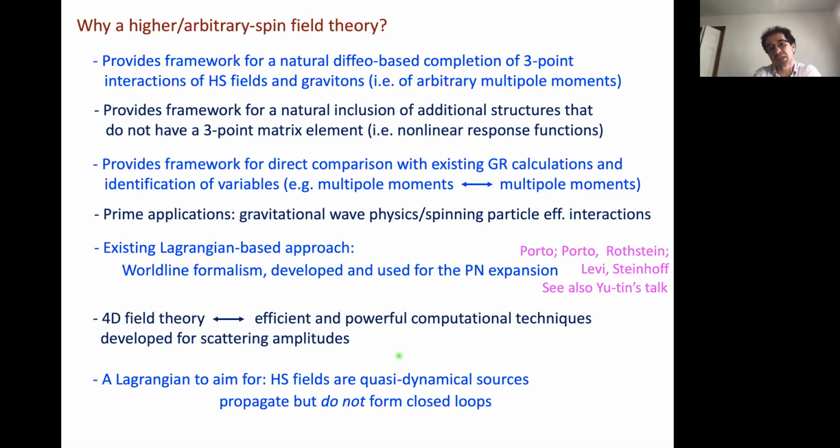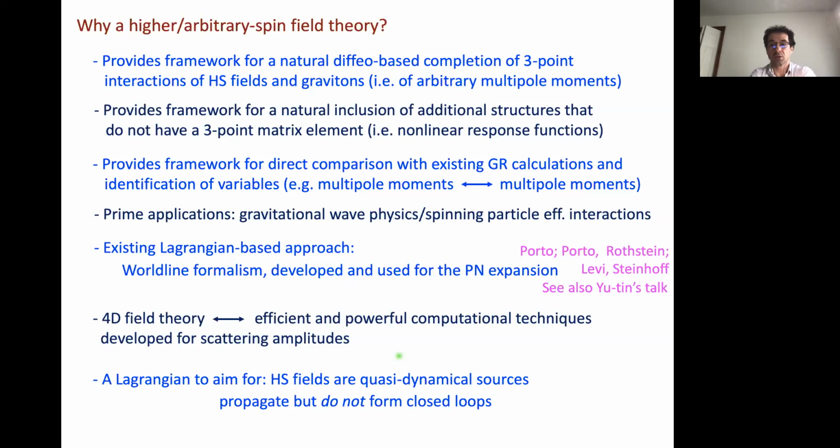And also it provides a framework to directly identify multipole moments and compare them directly with multipole moments appearing in GR calculations. Now, this said, there are existing Lagrangian-based approaches, but they use a worldline format.